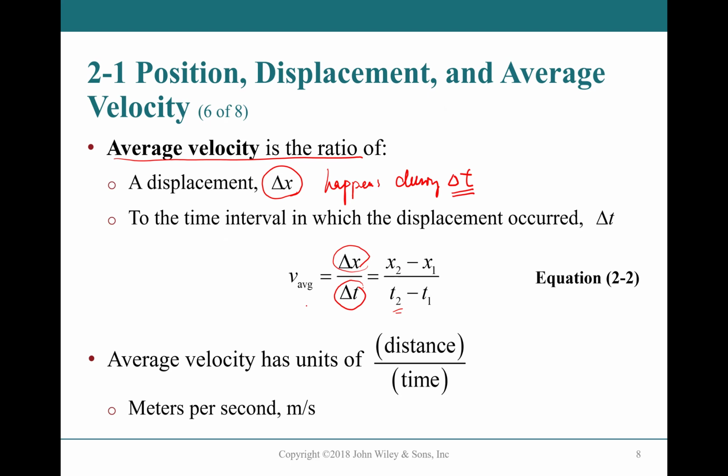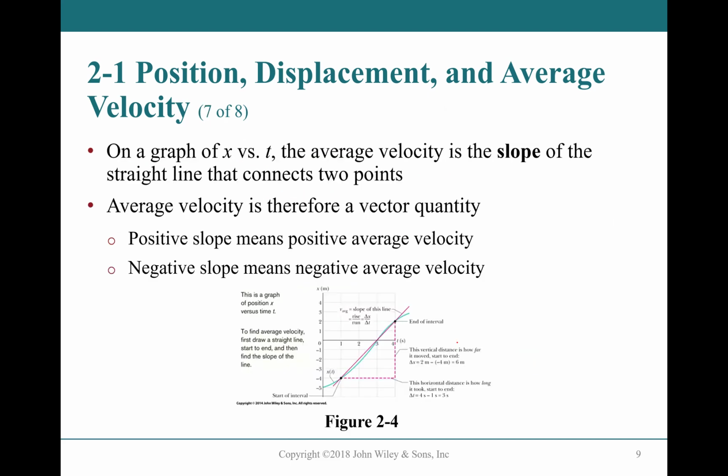Okay, so this is average velocity, and average velocity has a unit, which is meters per second. Average velocity is displacement divided by time. Displacement also has the unit meter, so meter divided by time.